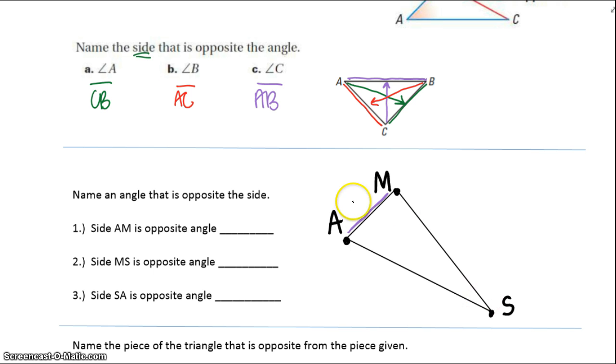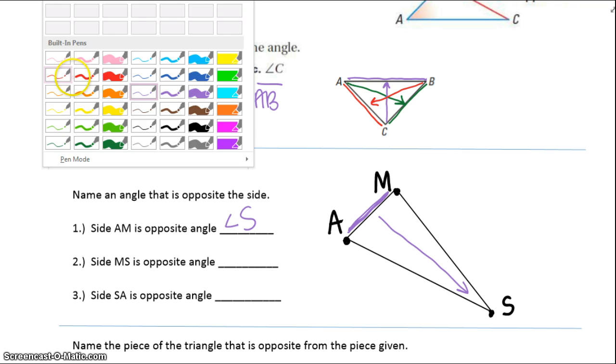In the triangle, do you see how I have this as purple? It's on A and M. Guess what angle is opposite from it? I'll give you a hint. It's the letter that I don't have in purple. What's the only letter that doesn't have some purple touch in it? S. All right, so this is angle S.